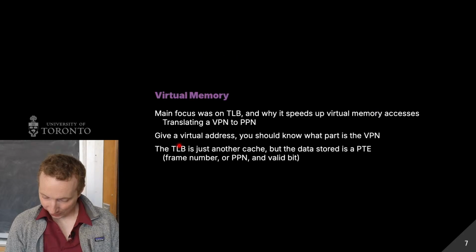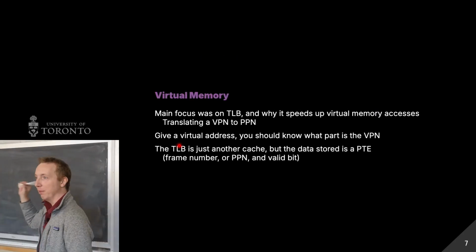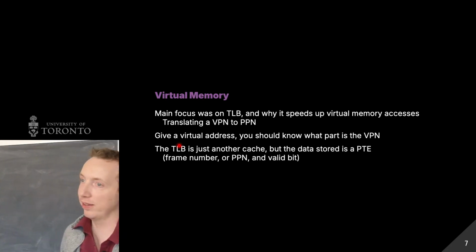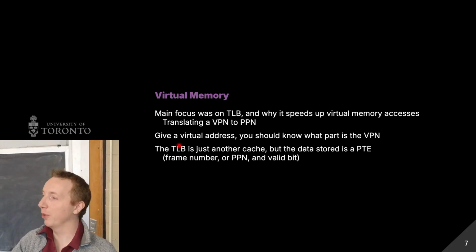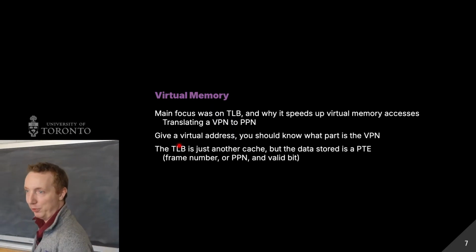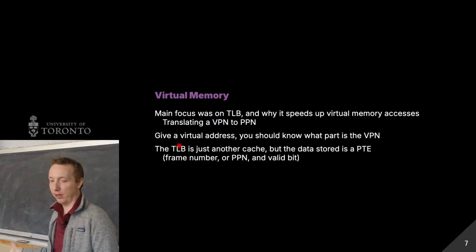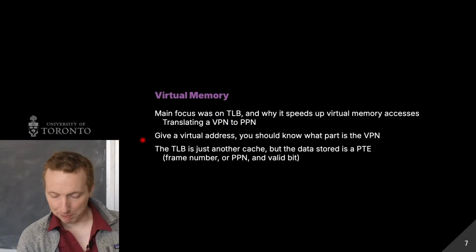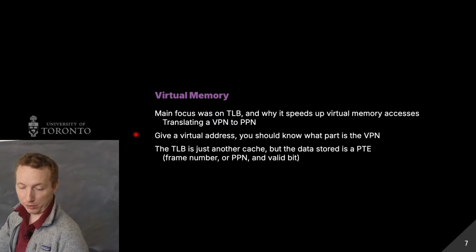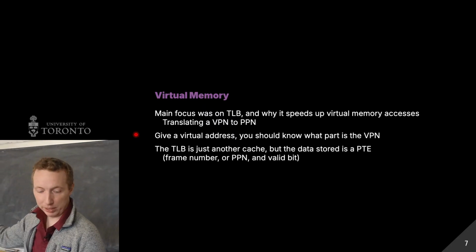So, other than that, virtual memory. The main focus of that was the TLB and why it speeds up memory accesses. We don't have to go through all the different levels of page tables. You should be able to vaguely explain why that's slow. The TLB is just another cache for translating a VPN to a PPN.